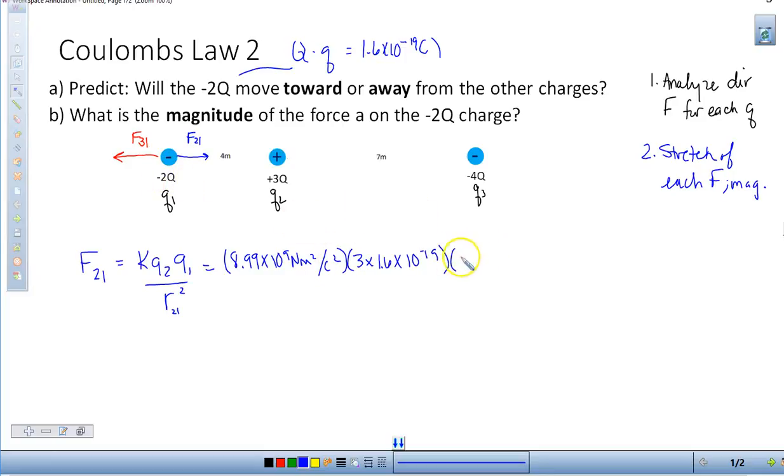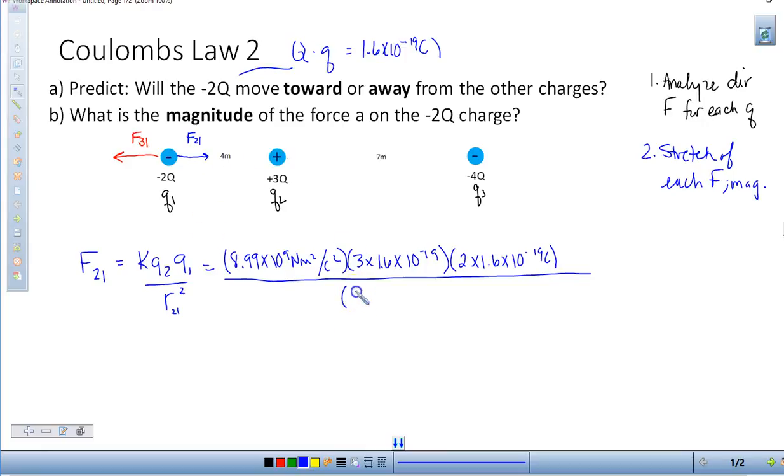And this one's 2. So I'm just taking it and multiplying it, and I did it in one step here. Another thing I wanted to point out is notice that I didn't put the negative for the -2 here. I just want the strength. I don't want the direction. I'm going to do the direction later.